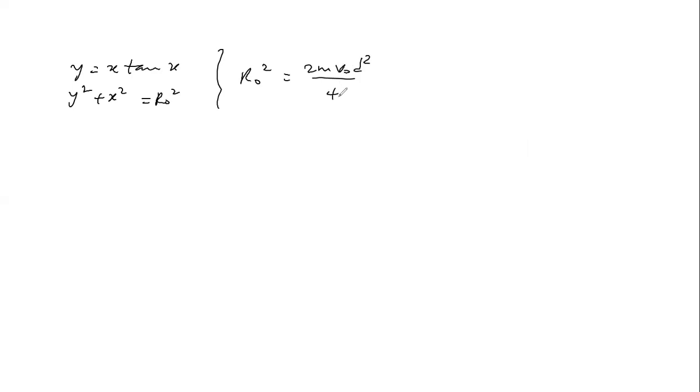Now, since we have y to be the same as x tan x, and y squared plus x squared is the same as r₀ squared, and we already know that r₀ squared is the same as 2mV₀d squared over 4ħ squared based on the manipulation we did. Now, if we also know x is the same as kd/2, then k would be the same as 2x over d, okay?